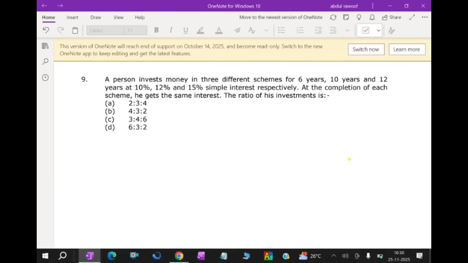A person invests money in 3 different schemes: 6 years, 10 years, 12 years, at the given rate percent of simple interest respectively. At the completion of each scheme, he gets the same interest. Find the ratio of investments. First, let the sum be x, into 6 years into 10% by 100, equal.